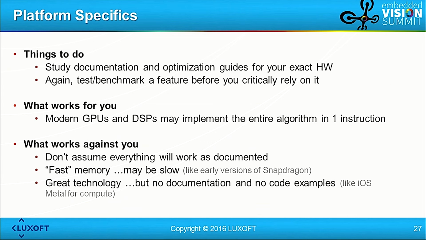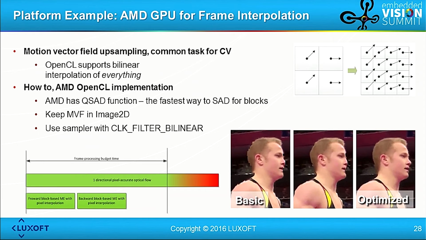And finally, just know your platform inside out because all platforms are different. And not only that, different versions and subsequent editions of CPU cores, compilers, tool sets are very different from one another in terms of performance and how they implement low-level functions. So a couple of examples here. Task of frame rate conversion.